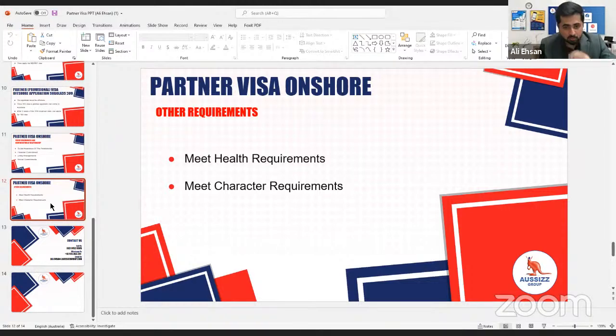Okay. And a visitor visa is a separate visa by itself, and the department will look into whether the applicant coming to Australia has genuine intentions to visit, or whether they are coming here for permanent residency or want to stay here for a longer period.